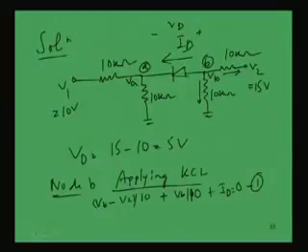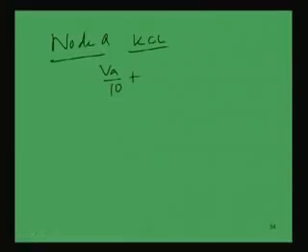Incoming current is ID, and the outgoing currents are VA by 10K plus VA minus V1, the drop across these two points, divided by 10K. So at node A, I get VA by 10 plus VA minus V1 by 10, and if I consider the diode current ID as incoming, it will be minus ID, equal to 0. This is number 2 equation.